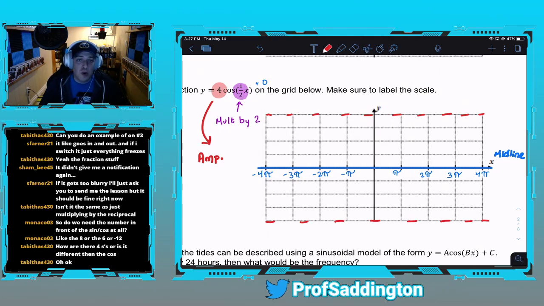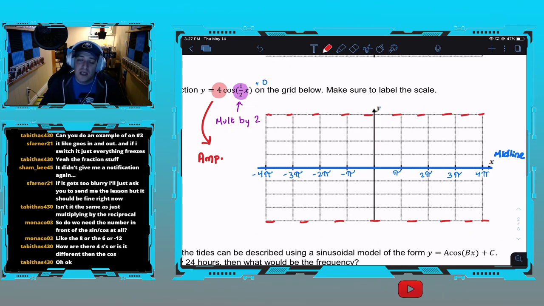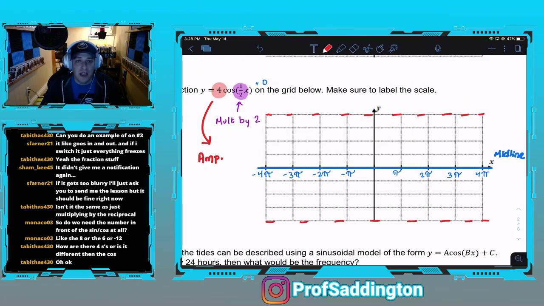So this time we're working with cosine. So cosine's a little bit different than sine. Sine, you always start on the midline. When you do cosine, you have to start at the positive or negative part of your range.